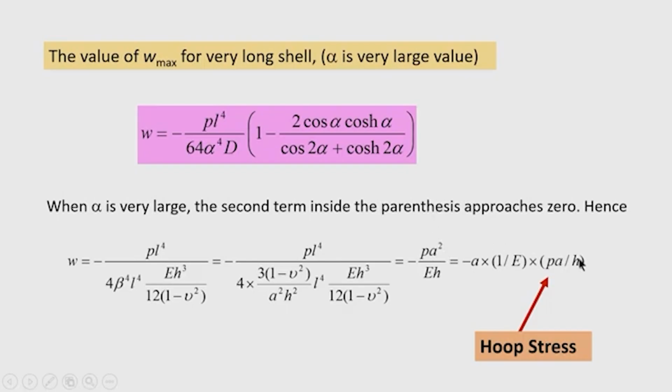P s by h is nothing but the hoop stress in a cylindrical shell subjected to internal pressure. So, stress divided by modulus of elasticity E will give you the strain, that is sigma by E, and strain multiplied by radius will give you the change in radius.